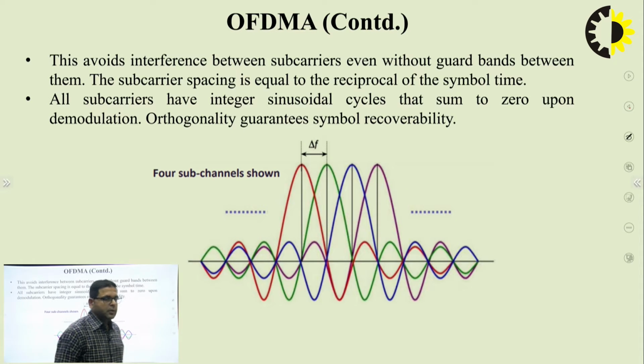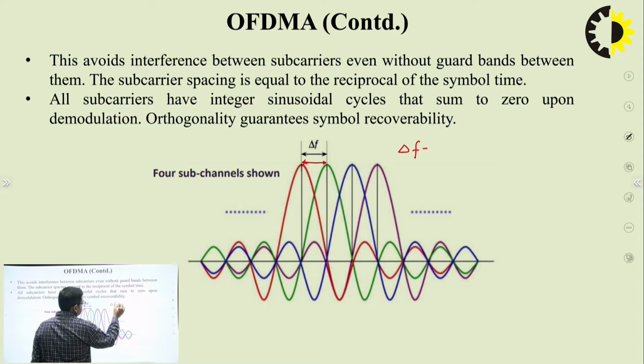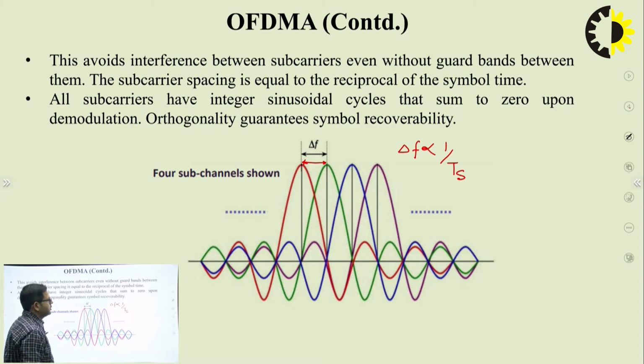Here I have demonstrated an example of subcarriers. Four subcarrier channels are shown in this figure. The spacing between these subcarriers is the reciprocal of the symbol period: delta F = 1/Ts, where Ts is the symbol duration.